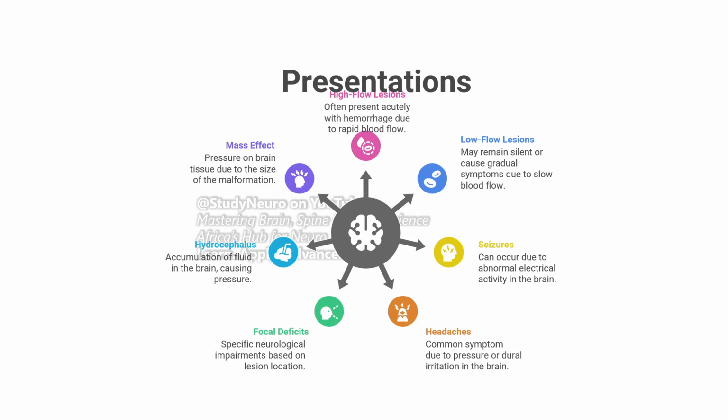Common presentations include seizures, headaches, focal deficit, hydrocephalus, or mass effect. It is important to look out for systemic signs like skin lesions or congenital anomalies, especially in syndromic conditions like Sturge-Weber syndrome.